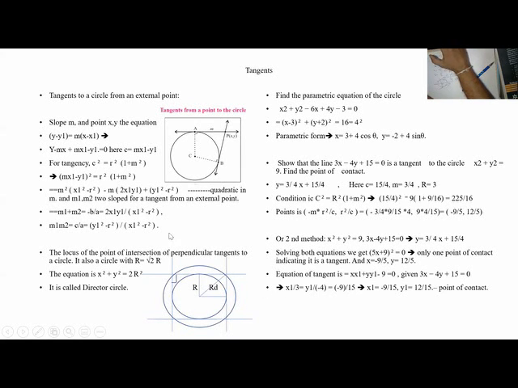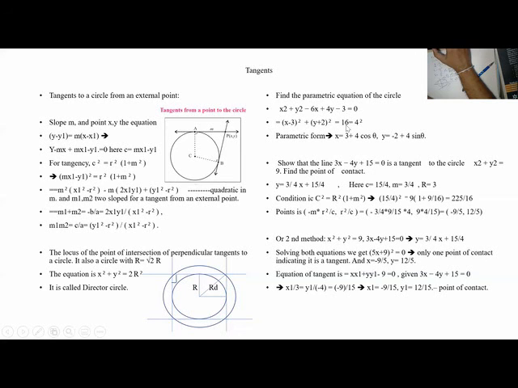Okay, now let us see. Find the parametric equation of the circle. I want to find the parametric equation, so we can find h and k. The center is (minus g, minus f). g is minus 3, so minus g is 3, and f is minus 2. So (x minus g) whole square plus (y minus f) whole square equals r square.